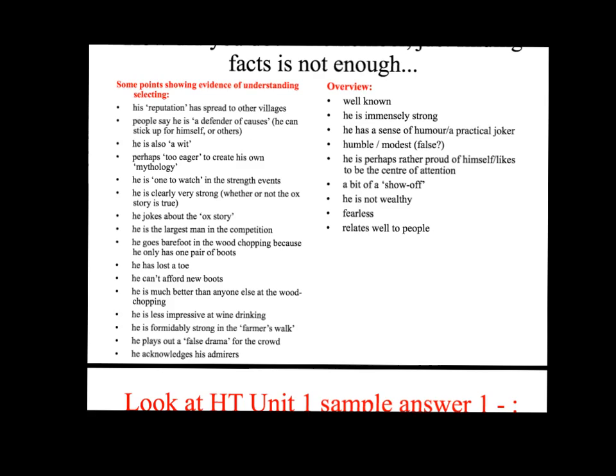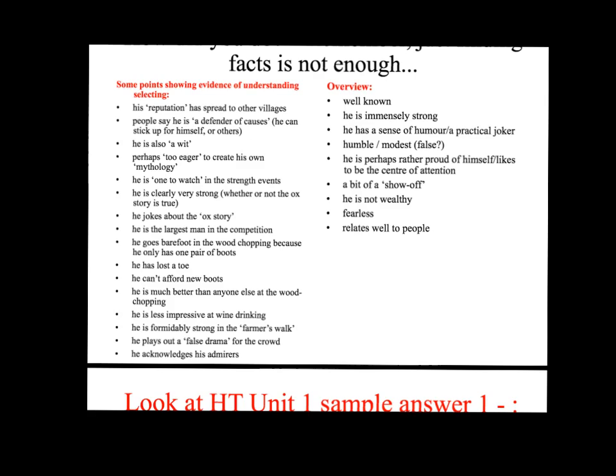Remember that just finding the facts in the text is not really enough. You need to show evidence of your understanding, and you also need to give an overview in order to get into those higher grades. So what sort of things should you have picked up on when you tried this yourselves?